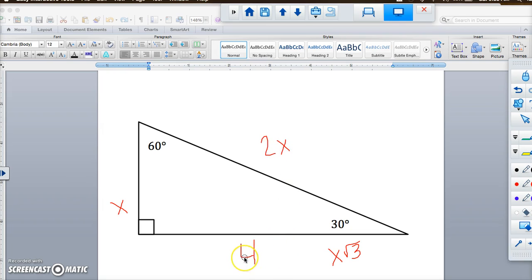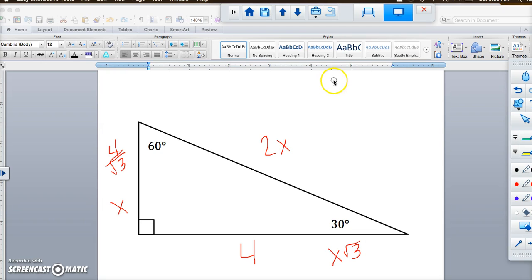Well, if I tell you that this side is 4, that means this side has to be 4 divided by the square root of 3. The problem here is that's improper math. You can't leave a square root in the denominator. So you have to do what's called rationalizing the denominator.